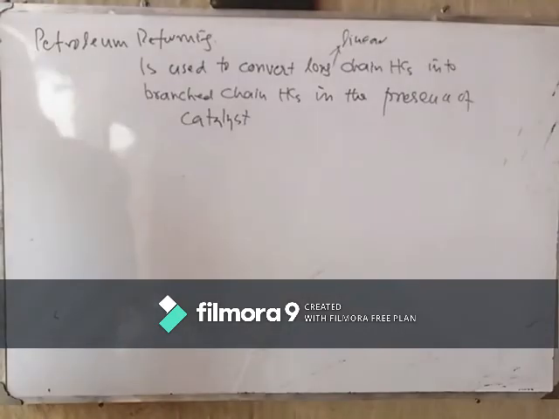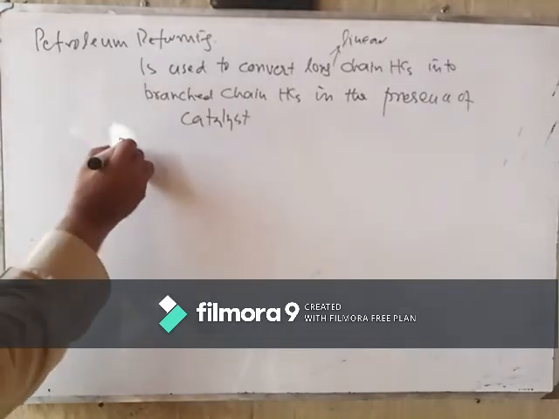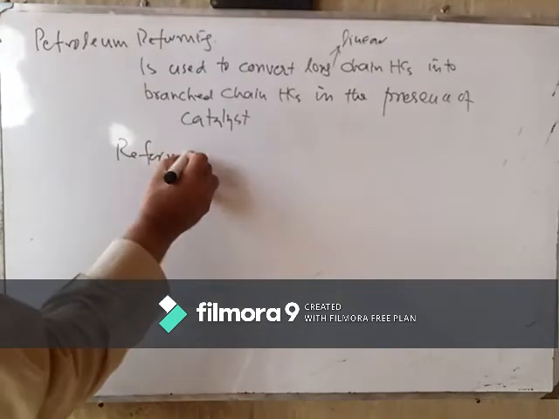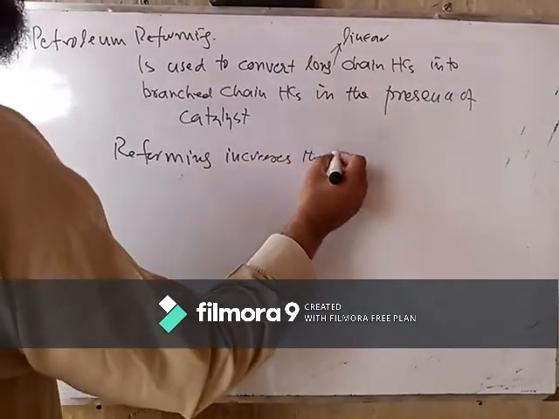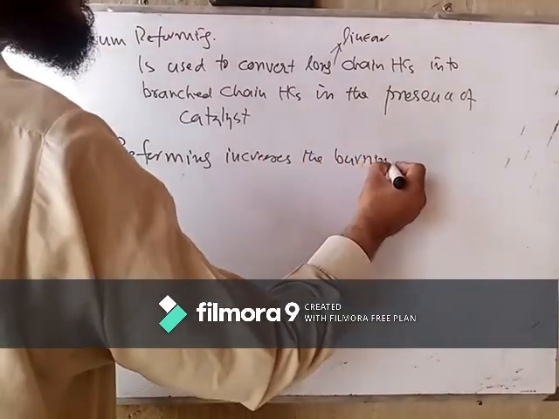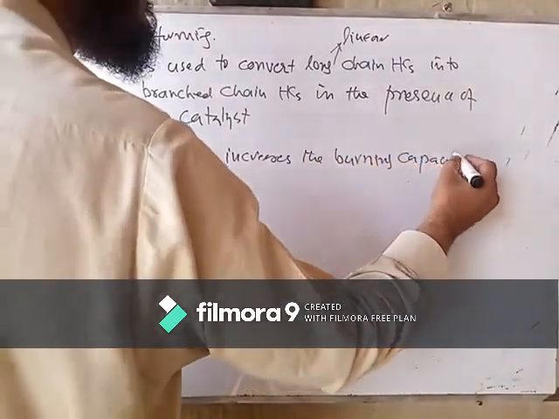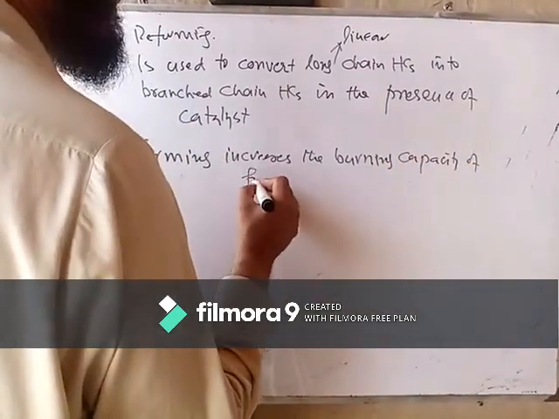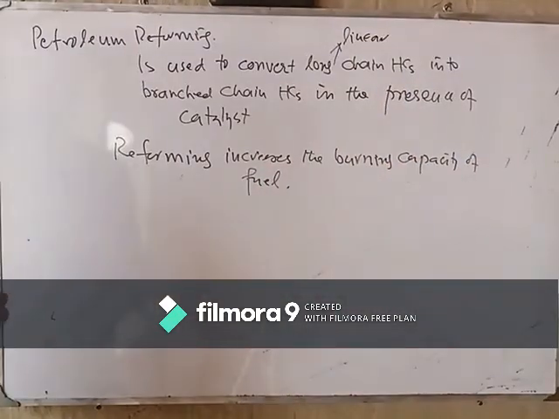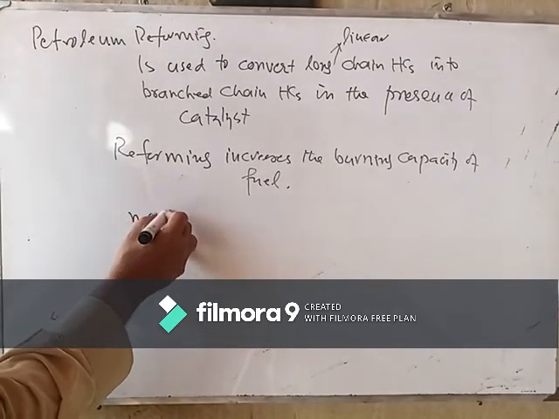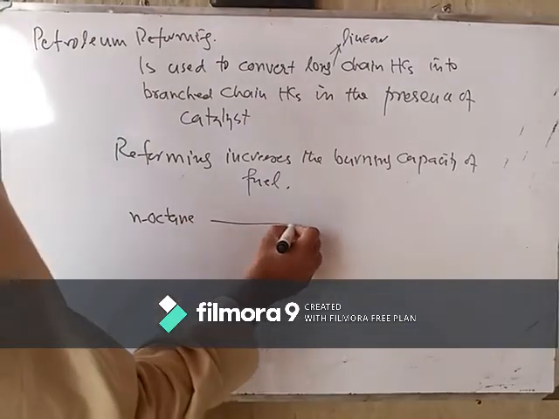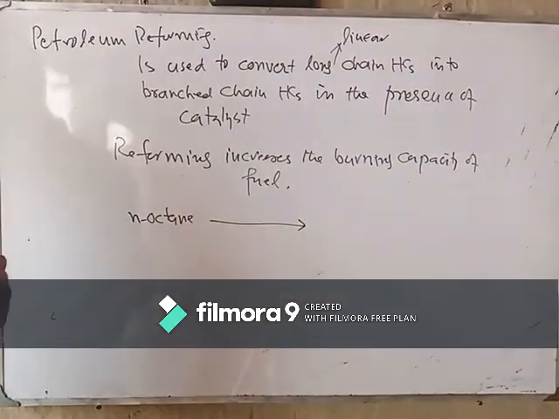Branched chain hydrocarbons: reforming increases the burning capacity of the fuel. For example, n-octane is reformed in the presence of a catalyst.